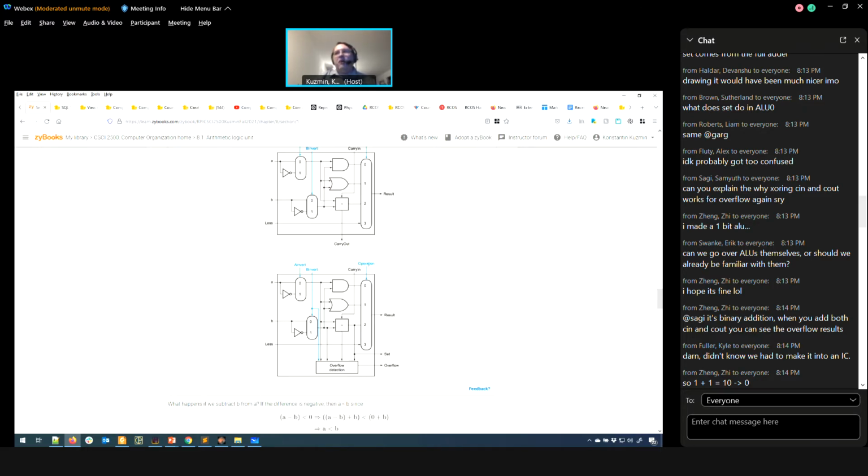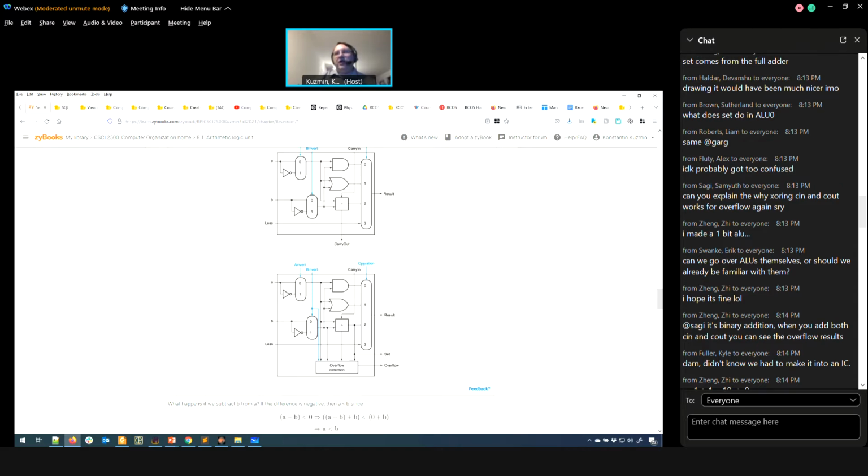Because remember, when our operation is SLT, the operation bits are 1 1, so it is mode 3. And that means that the less signal, which for MSB is 0, is routed to the result. We want the result to be 0. But at the same time, we want to make use of the result of the subtraction that our adder performed between A and B, because the sign of that result, we don't route it to the result output, because the result has to be 0, but we want to use the result of the subtraction as our set bit.